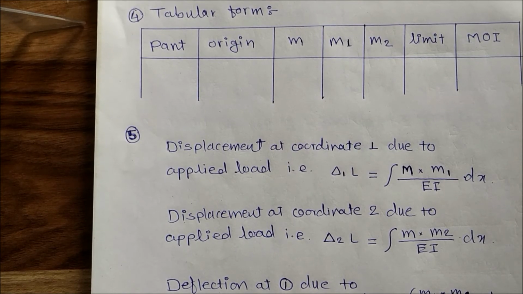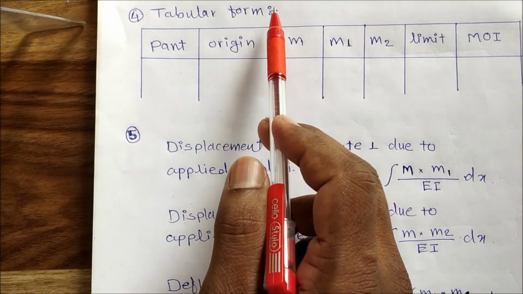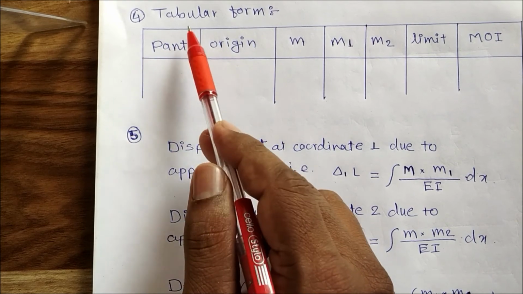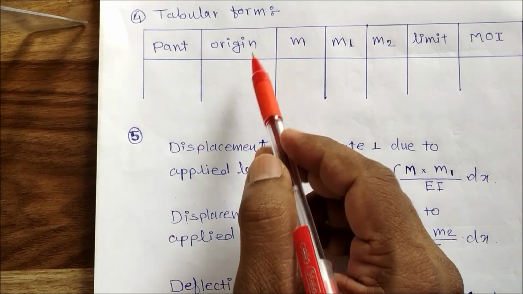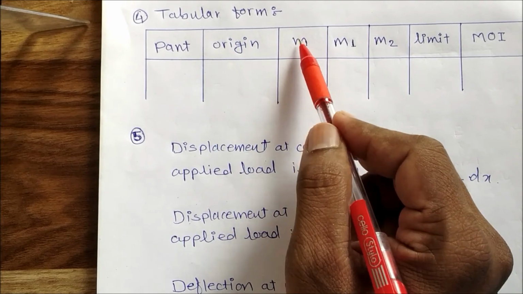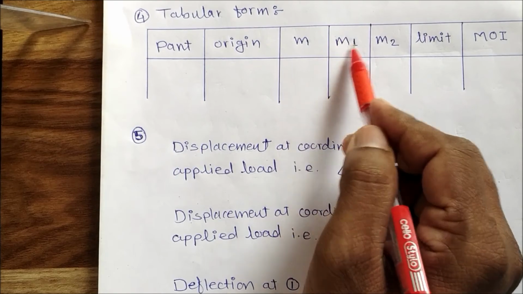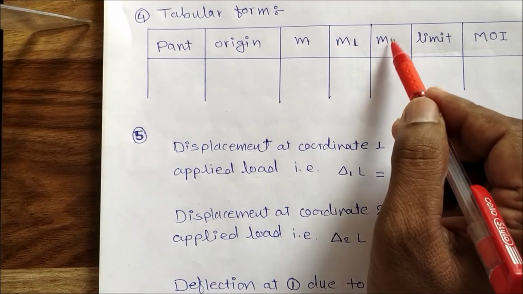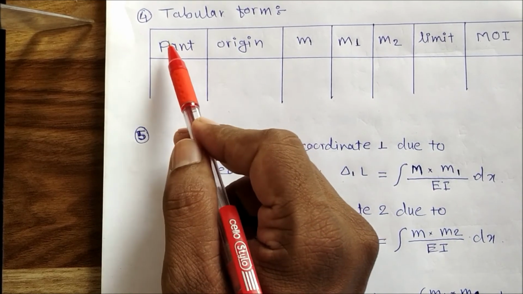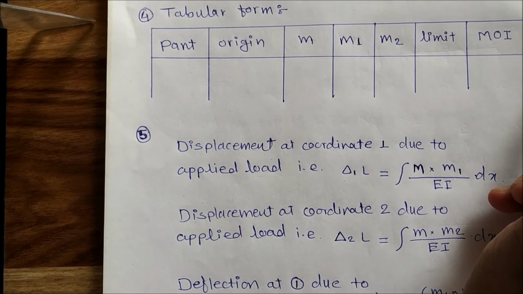In the fourth step, we have to fill up the data in tabular form. In the first column we fill the part origin, then the moment for the M diagram, moment for the M1 diagram, moment for the M2 diagram, and the limit of this particular part, and calculate the moment of inertia.